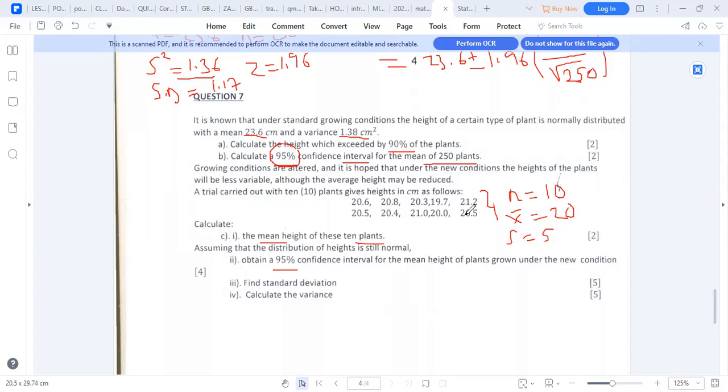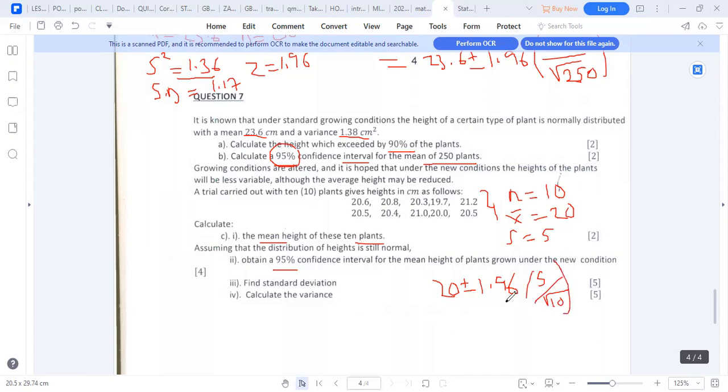So what do we do? The same we've been doing. At 95%, the mean is 20 plus or minus Z, and using 95%, we use 1.96. The standard deviation you needed to have calculated, that's why there are more marks here. There's 5 marks plus the 2 marks, 7 marks. So here we're going to have 5 over square root of our n, which is 10.